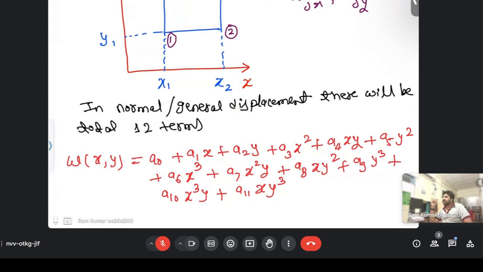I think you are not getting what I was talking about, so I will show that Pascal triangle.